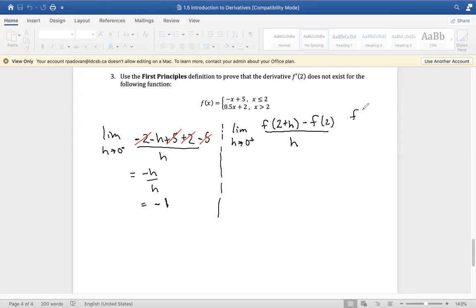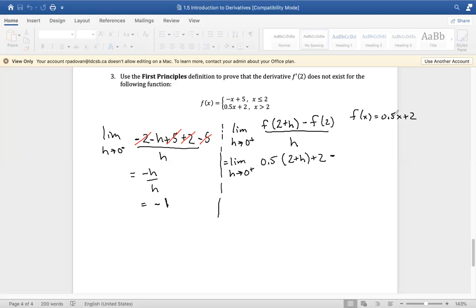And then I plug in my equations here. So I'm using now the equation 0.5x plus 2. So now I have equal to the limit as h is approaching 0 from the right of this equation first: 0.5 times x, so 0.5 times 2 plus h, plus 2, finishing off this equation, minus f at 2.